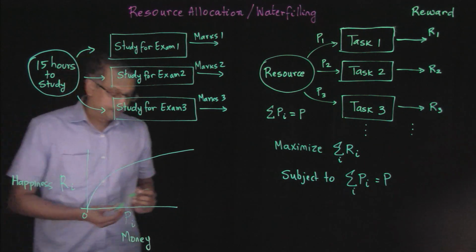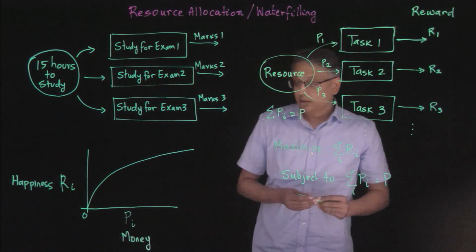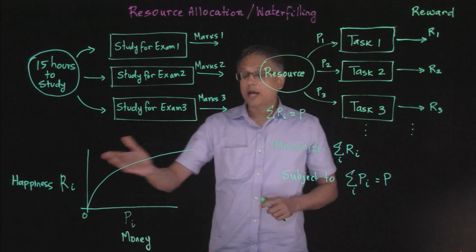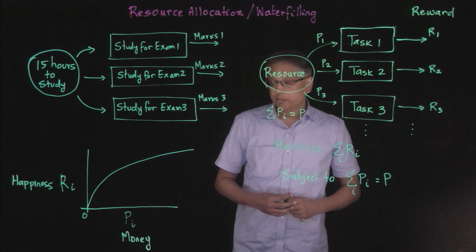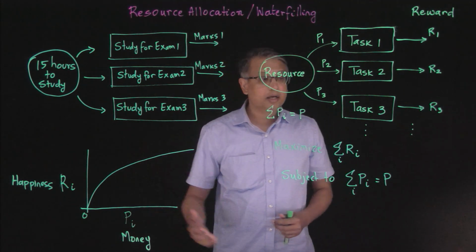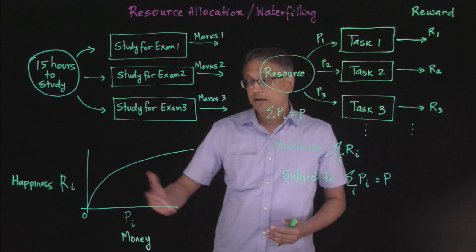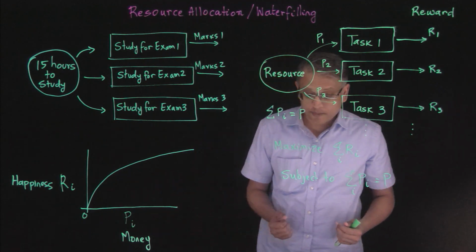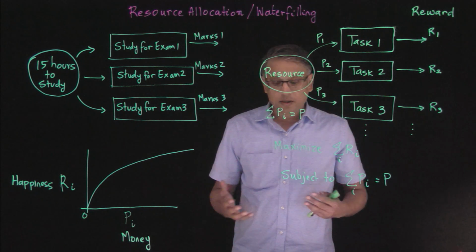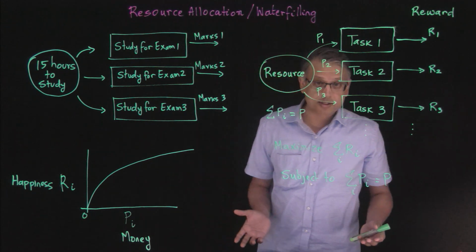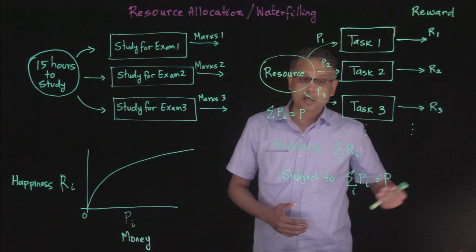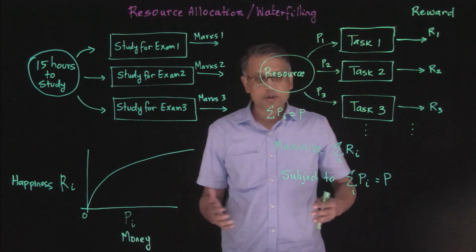So for example, if you think about the happiness that you get from buying a house, there is a big difference between not having a house and having a house, even a small house. But once you start to live in a small house, the extra happiness that you get from living in larger and larger houses is substantially smaller.